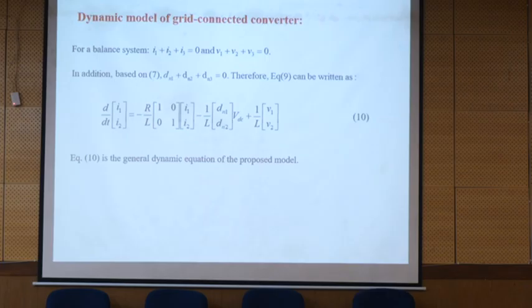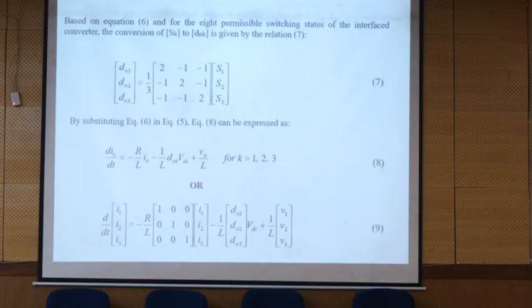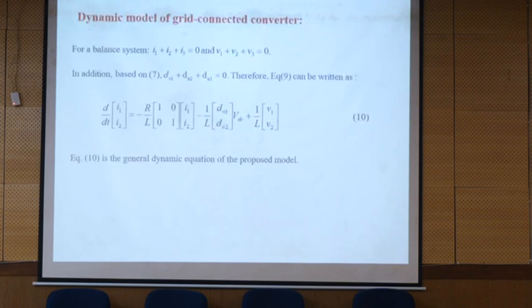We have a three-phase system. A three-phase system is balanced, which makes it easier: I1 plus I2 is equal to minus I3, or V1 plus V2 plus V3 is equal to 0. By this we can easily remove this part because they are balanced, and reach this equation. So we call it the dynamic model of the system. Now it is the starting point to design the controller.